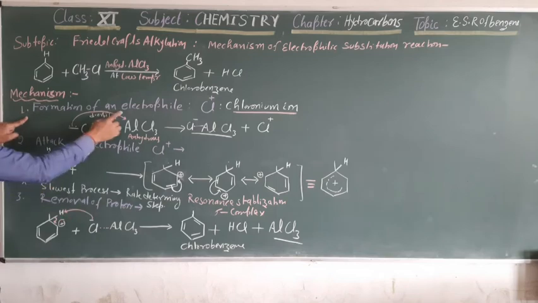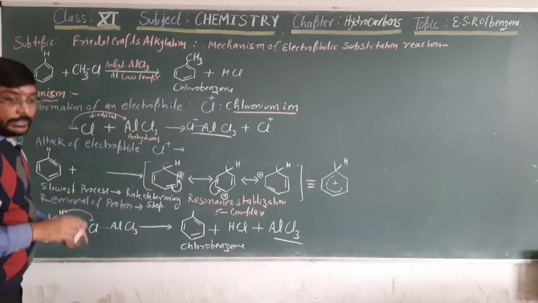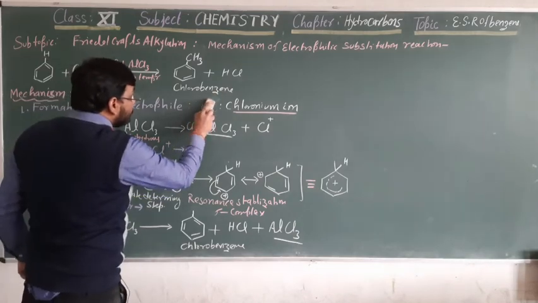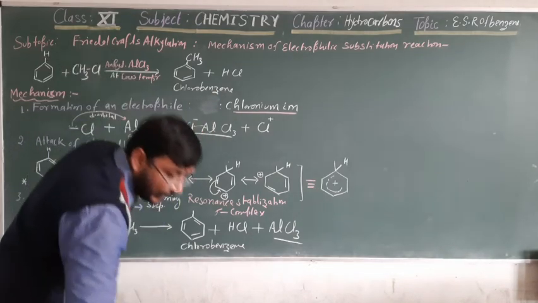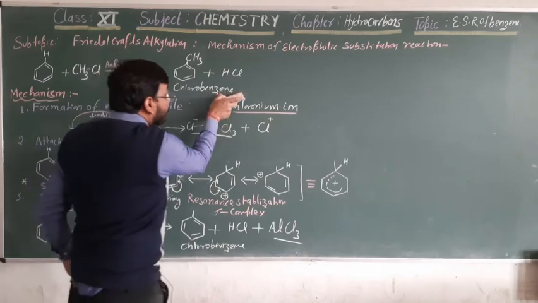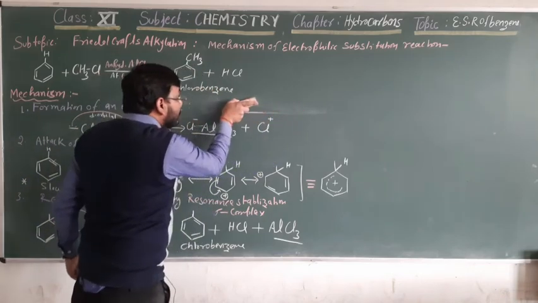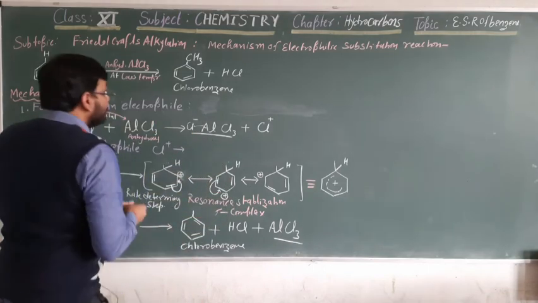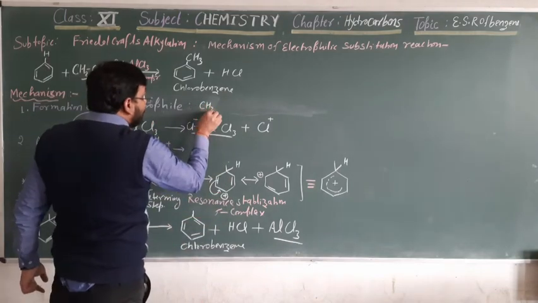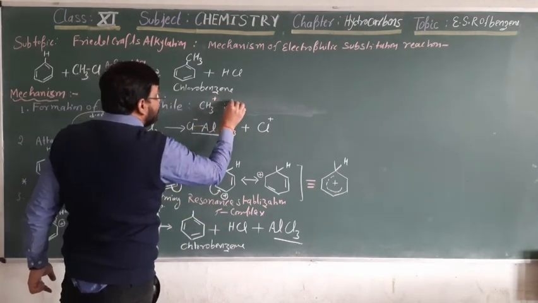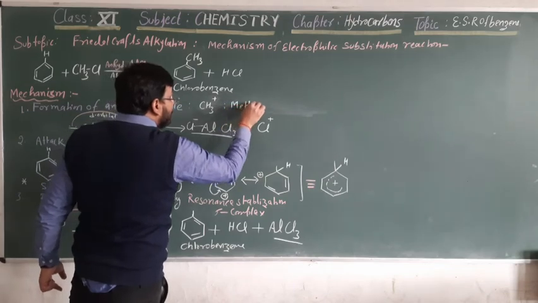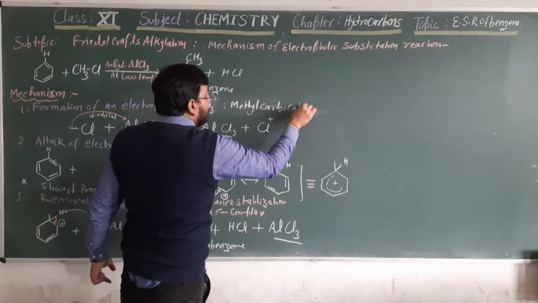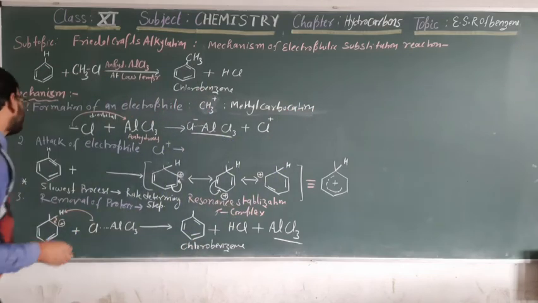Now the formation of an electrophile. So here our electrophile is, do you know what the electrophile is here? Methyl carbocation. In this case CH3 plus, this is called the methyl carbocation formed.